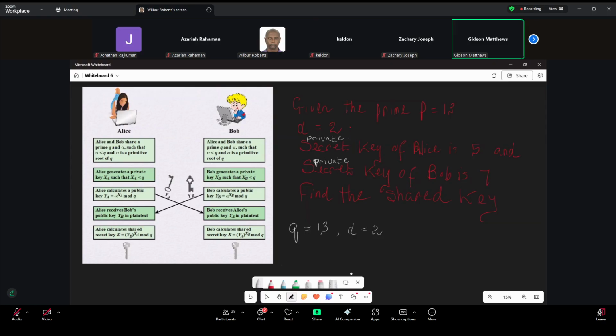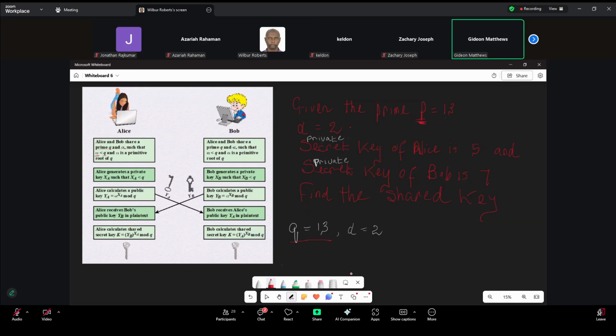Given the prime, is that supposed to be Q or P? Well, look up here, let me underline. Alice and Bob share a prime Q and alpha, such that alpha is less than Q. So in this case, the prime Q is equal to 13, and I wrote it down here.